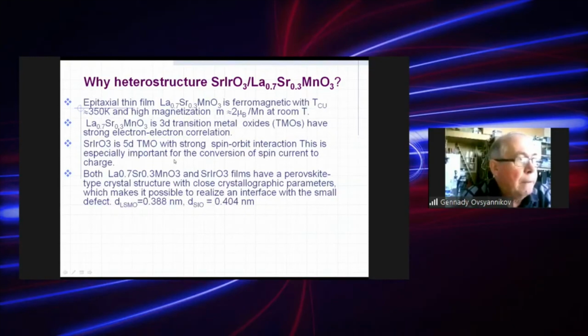On the other side, iridate, strontium iridium oxide (SrIrO3), is a 5D transition metal material with a strong spin-orbit interaction, which is very important for the conversion of spin current to charge current. Both manganite and iridate have a perovskite-type crystal structure, and their crystallographic parameters are rather close to each other.